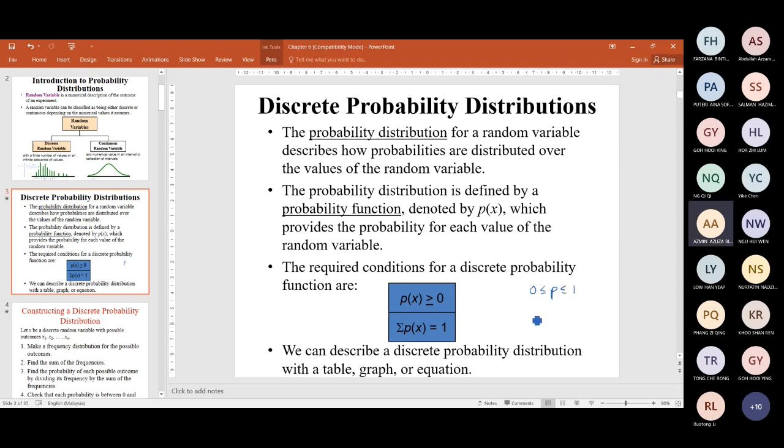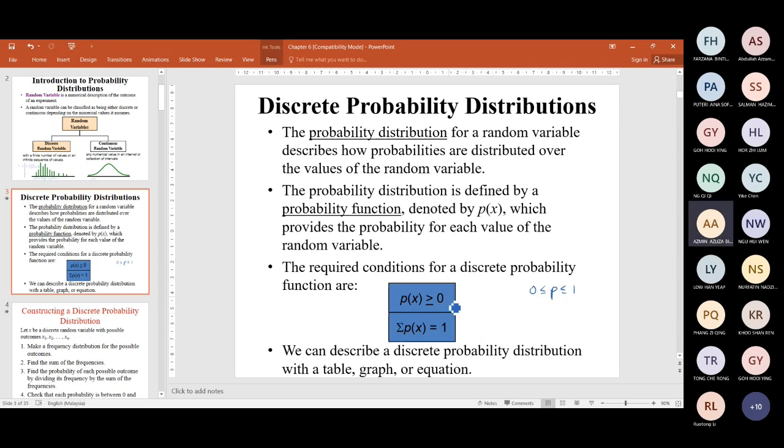This is your probability value. So the lowest would be 0, the highest would be 1. It cannot be more than 1, it cannot be less than 0, it cannot be negative. But it can be any value in between, 0.5, 0.7, for example. So just the same here.